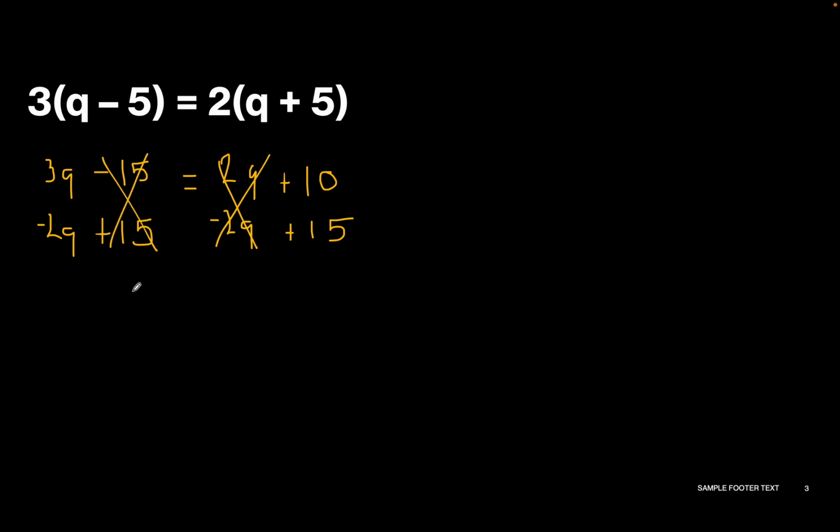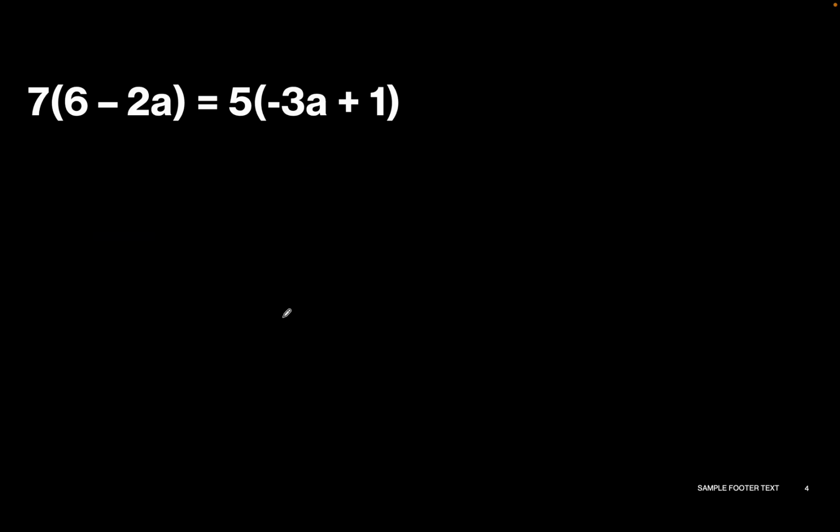What's left over? I only have one q left. I'm just going to write q, because 3 minus 2 is 1, and q means 1q. Then I have 10 plus 15, which is 25. I don't even have to do the additional step. Fabulous. Q equals 25. Moving on. I think this is our last one.